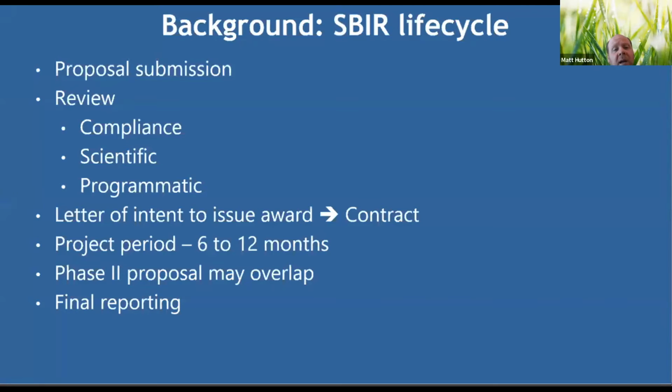The second is a scientific review. So a lot of the time, this may be done by outside reviewers, people from universities or from laboratories or hospitals throughout the country that are experts in the subject, and kind of non-partial, so not members of the agency, and they're just reviewing for scientific merit.